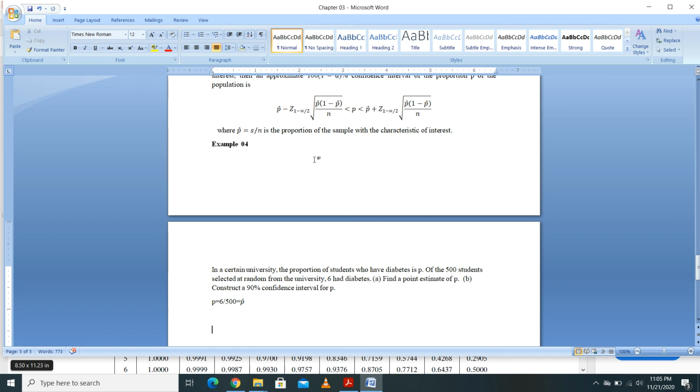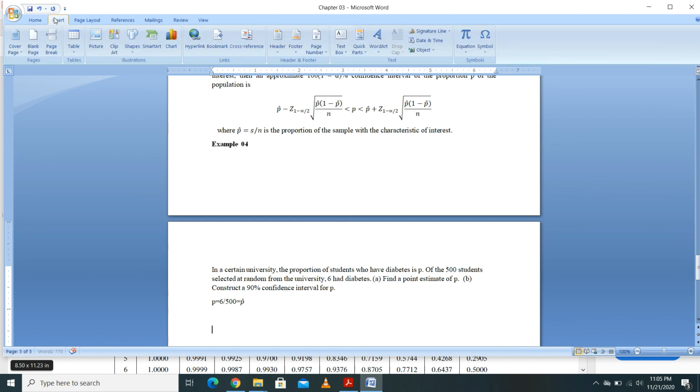So that is when you take the alpha value, alpha should be equal to 0.1. So if alpha is equal to 0.1, since it's a confidence interval, we are interested about the 2 edges.